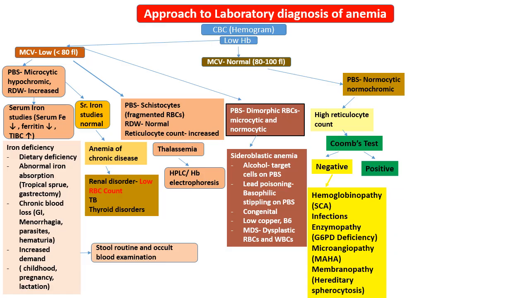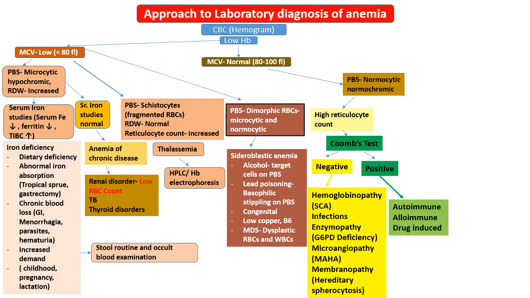If the Coombs test is positive, it indicates immune type hemolytic anemia, which can be autoimmune hemolytic anemia, alloimmune hemolytic anemia, or drug-induced hemolytic anemia.